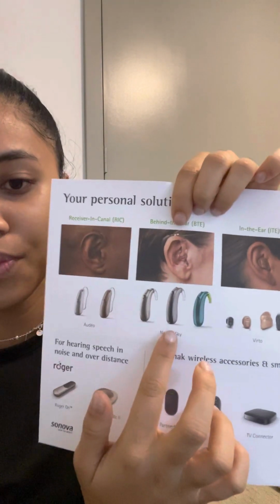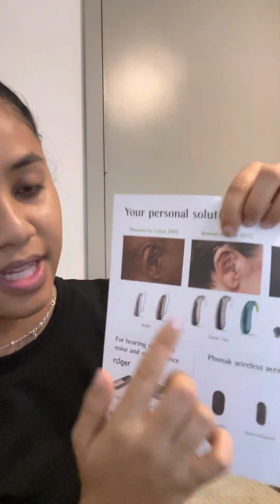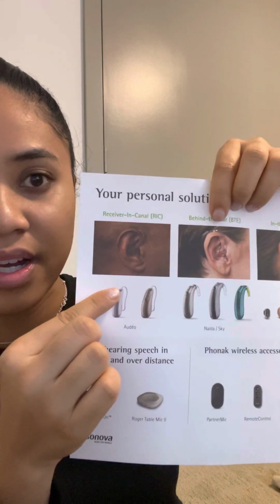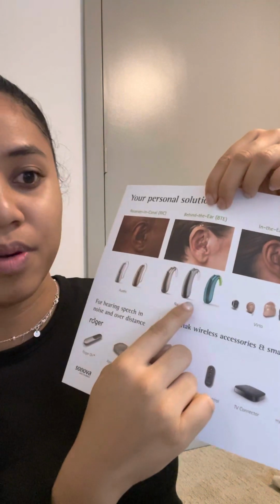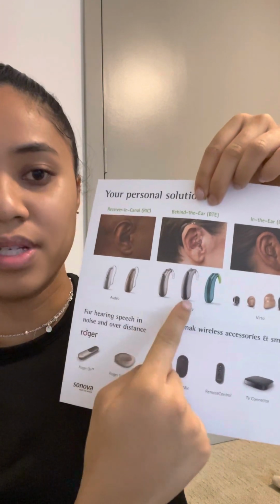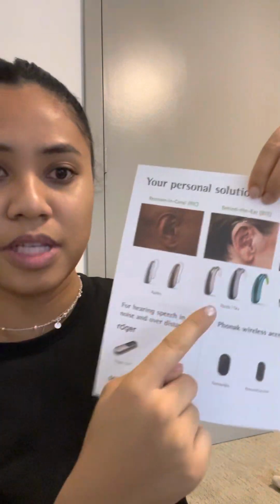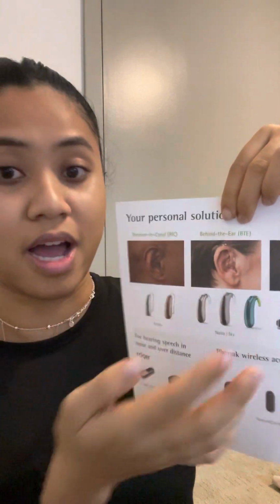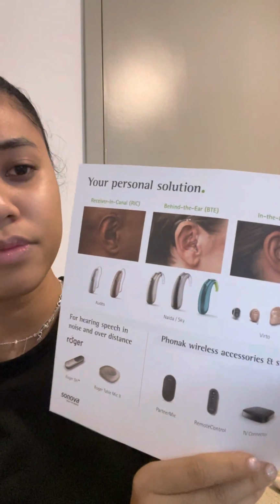There is a tube that travels down to your ear, and then you've got your earpieces inside. The behind the ear one is slightly bigger in size than the receiver in the ear, but this I think is more powerful in terms of being able to capture a lot more sounds, especially the ones that you are having trouble hearing.